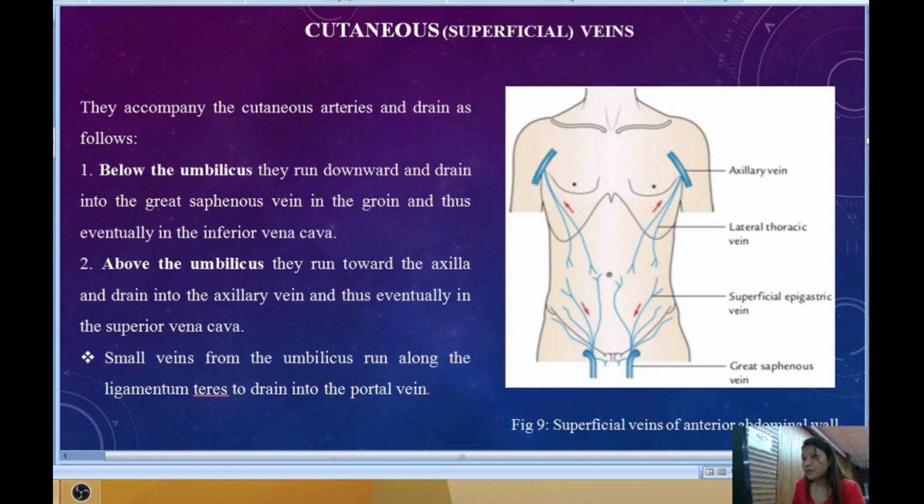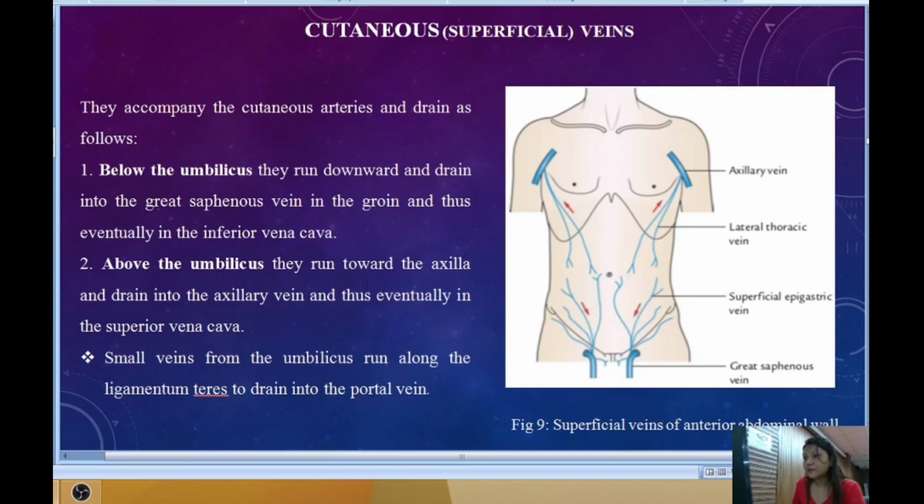Below the umbilicus, they run downward and drain into the great saphenous vein in the groin, and thus eventually into the inferior vena cava. See the arrow, the direction is downward. Below the umbilicus, the veins drain downwards. Always remember, the direction is downwards.